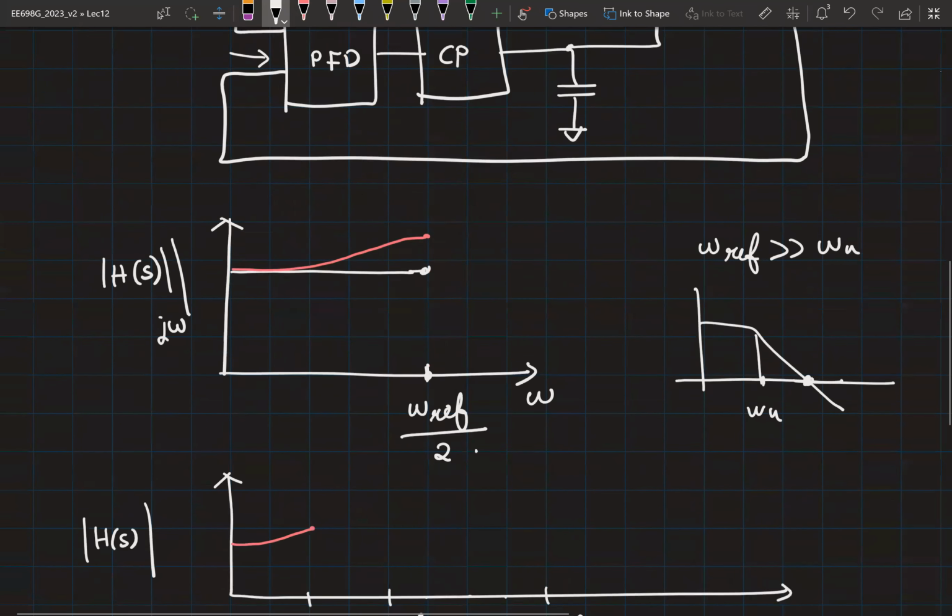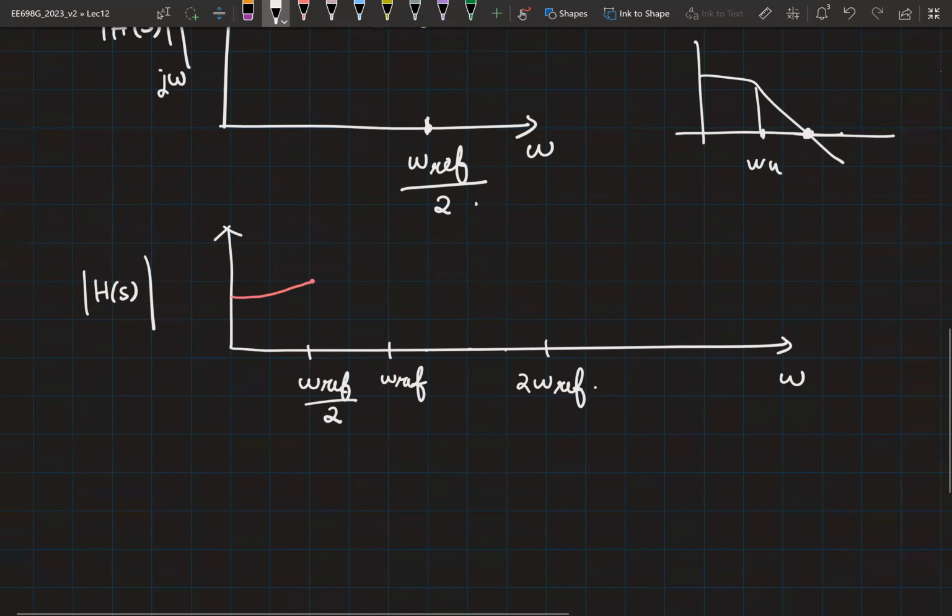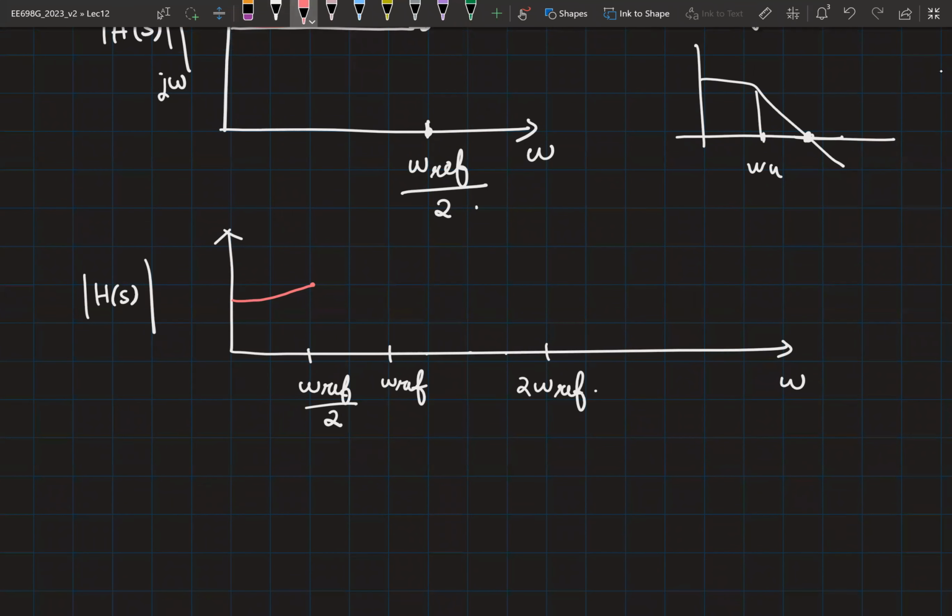So you will see the same result as the DC here, right? Now you'll get the same result at 2 omega ref. And we just said that this is now aliasing. Like if I have phi ref of omega ref t, that information is getting aliased to DC, right? So basically the whole function will look like this now. So you can expect to see periodicity in this pattern.